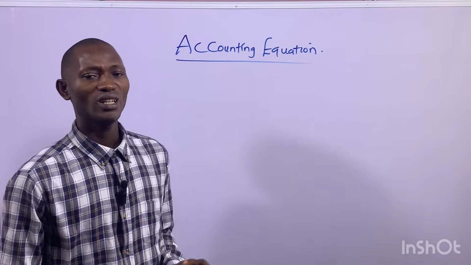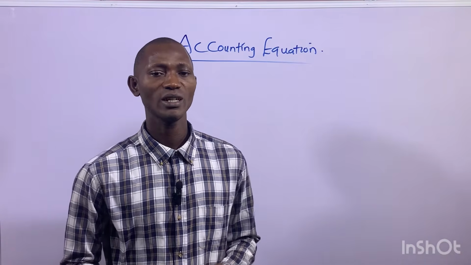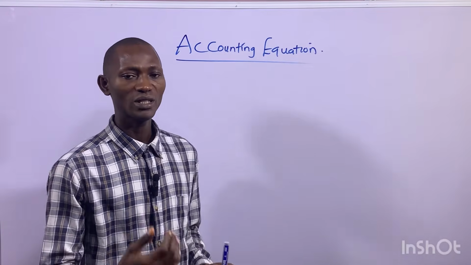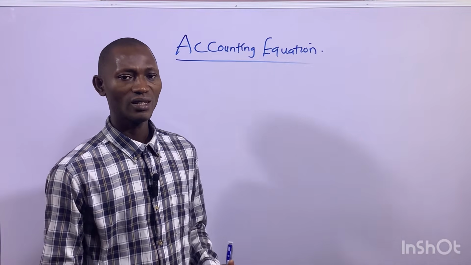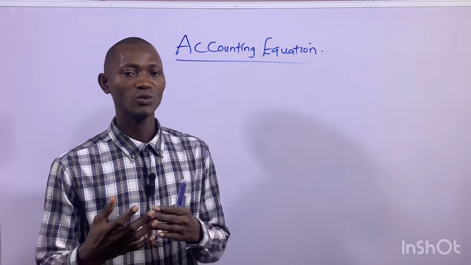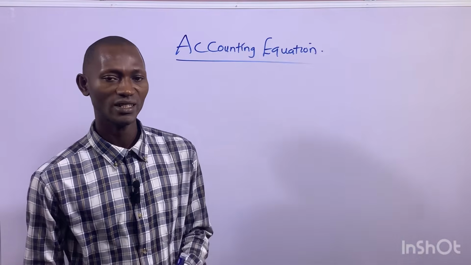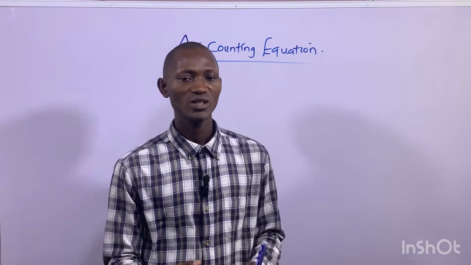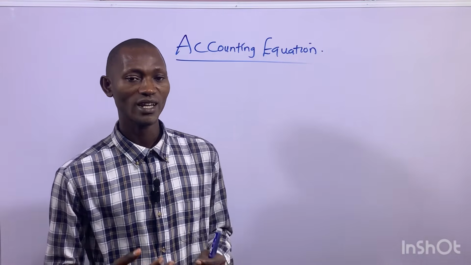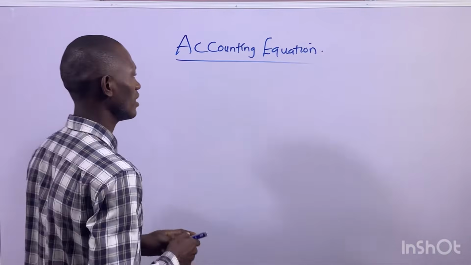In one word, what the accounting equation simply explains is how the resources of the business are financed in terms of ownership. How are the business resources being owned? Is it only owned by the outsiders, or only by the owners, or by the owners as well as the outsiders? So this is basically what that means.